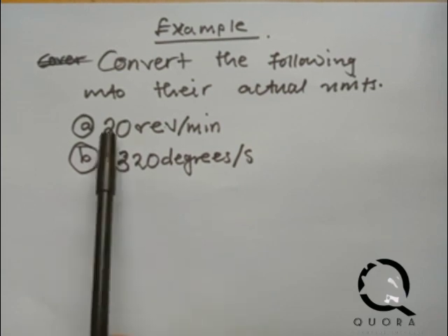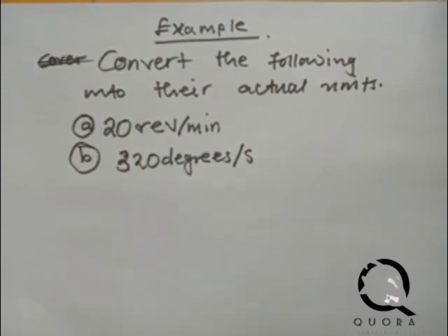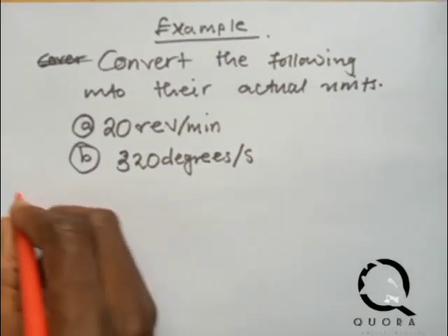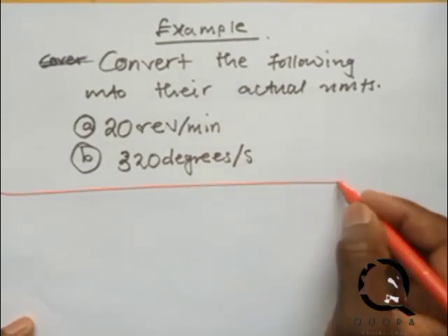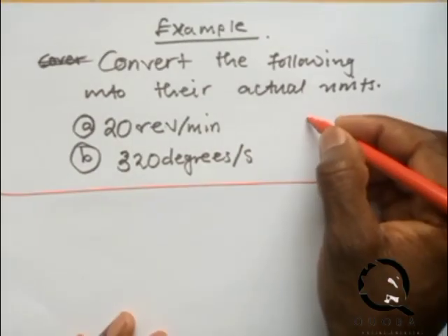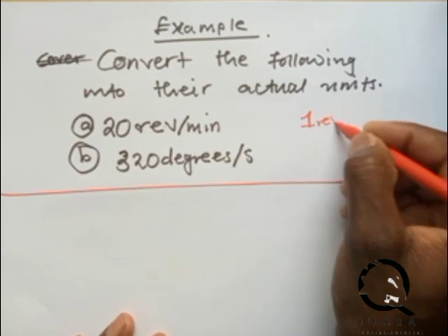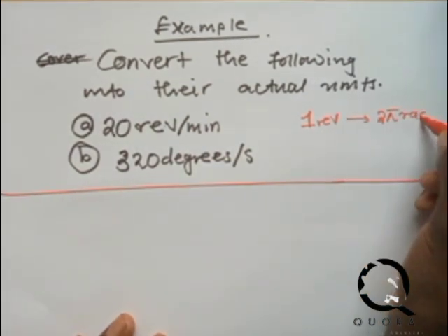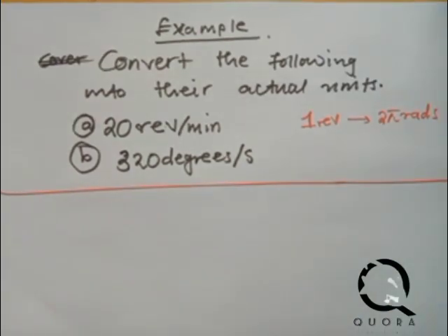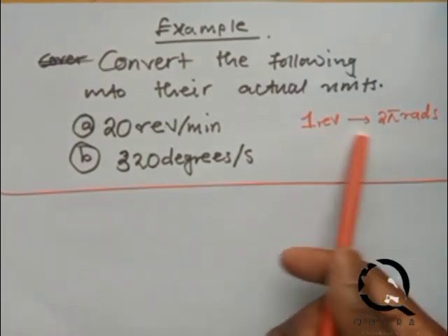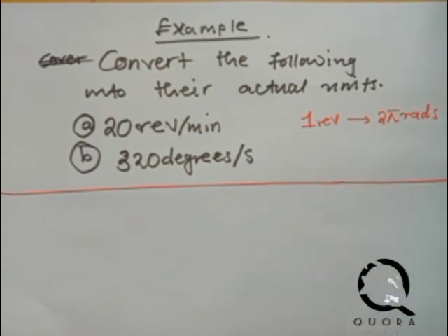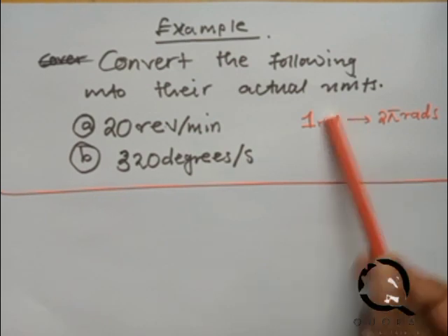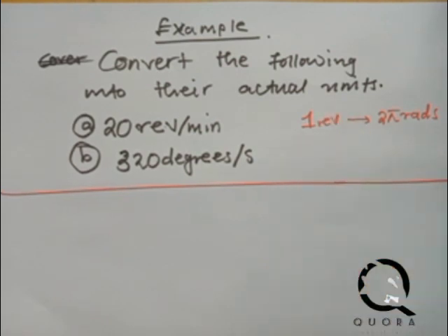If I start with the first one, we observe that one revolution is equal to 2 pi rads. We have to avoid converting things in a haphazard way.